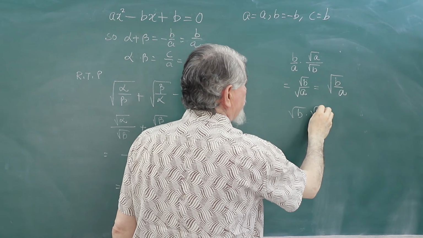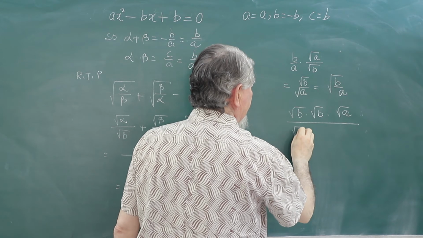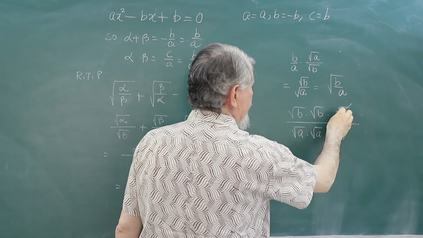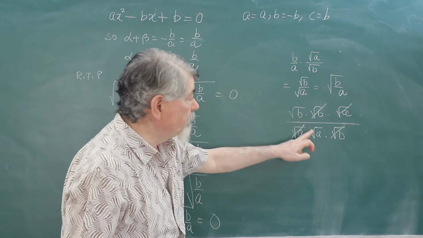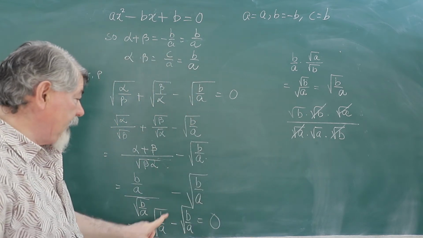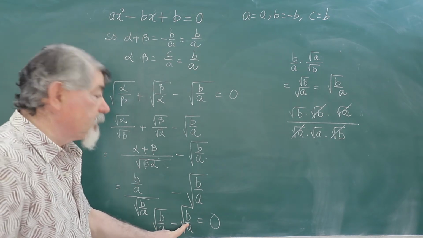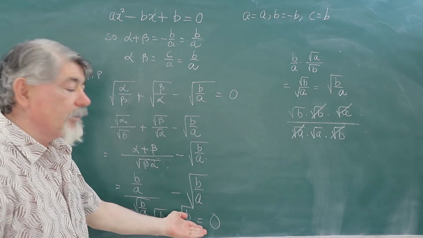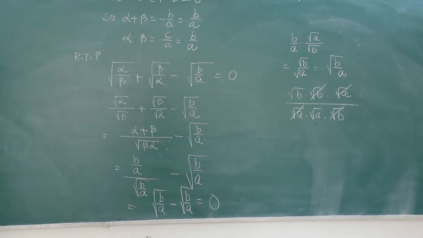Root b into root b into root a, if you want to understand this way. A is root a into root a into root b. So root a will cancel, root b will cancel. You will get root b upon root a, which can be written as under root b upon a, and it is also minus under root b upon a. So both the terms are same but with opposite signs, so they will cancel each other and give you the value 0, which is what we had to prove in this question.